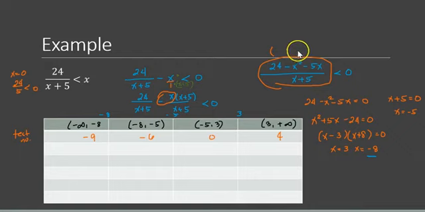So how do we factor this? You have 8 times 3, and then you need a negative 5. So it's negative x plus 8 plus x. You can double check by doing FOIL and looking for the middle term to see if you get negative 5. Basically, we just interchange the sign.